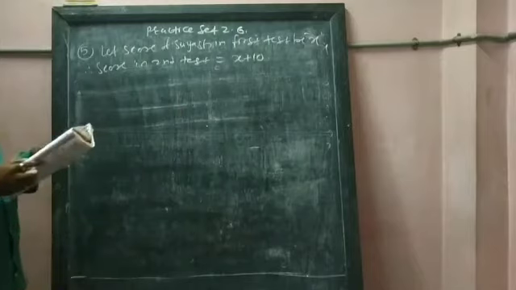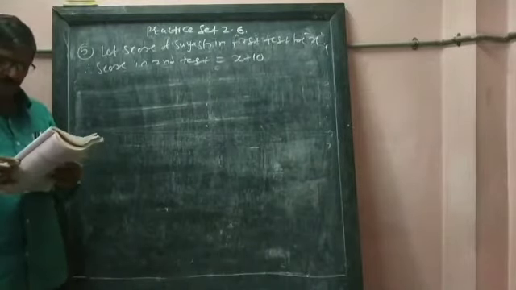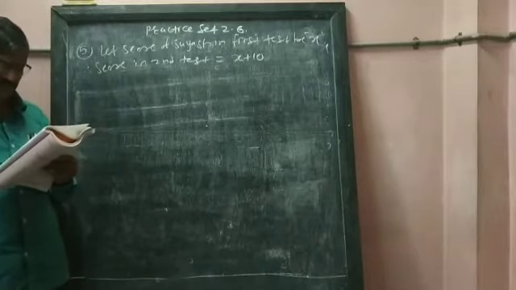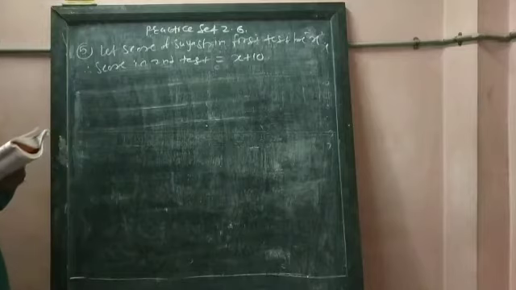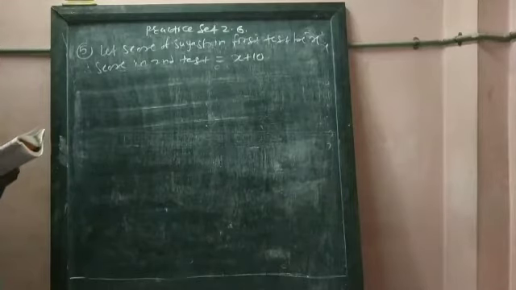Simple. Now next, what is given, please check it: 5 times the score of the second test is the same as the square of the score in the first test.